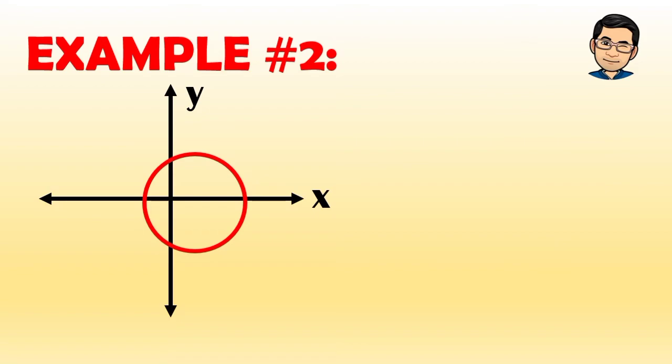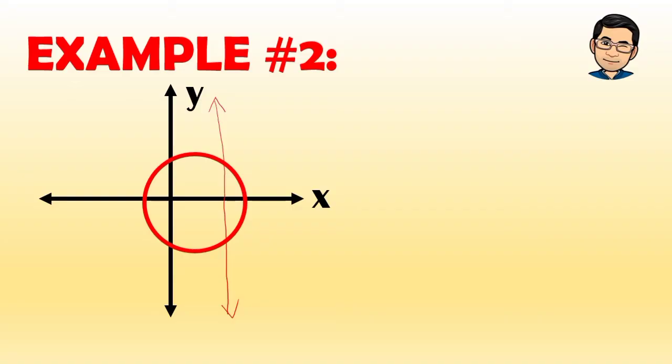Next, second example, we have the graph of a circle. Tingnan natin kung function siya or hindi. So, draw tayo ulit ng vertical line. Ayan, pagpasensyahan nyo na yung line. Okay. Ilang beses in-intersect ng vertical line yung graph ng circle?